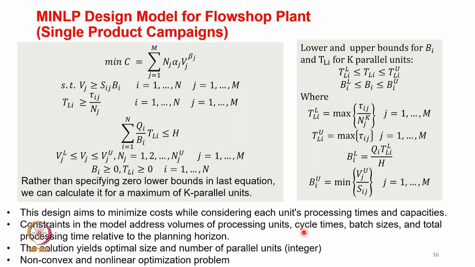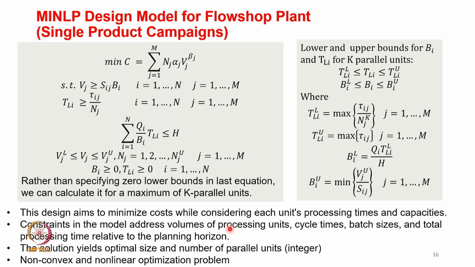That design aims to minimize the cost, because we wanted to minimize the total investment cost while considering each unit's processing times and capacities. Constraints in the model address the volume of the processing unit, cycle times and batch sizes, and the total processing time with respect to the planning horizon.